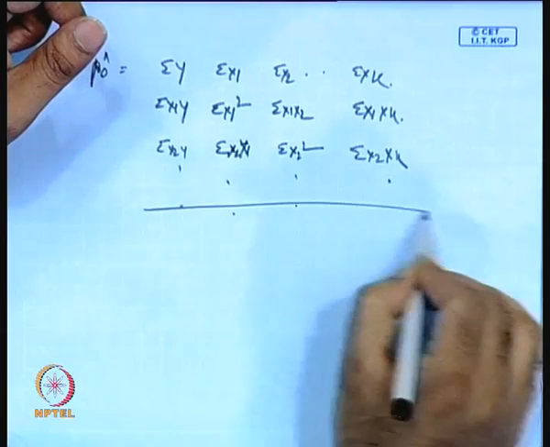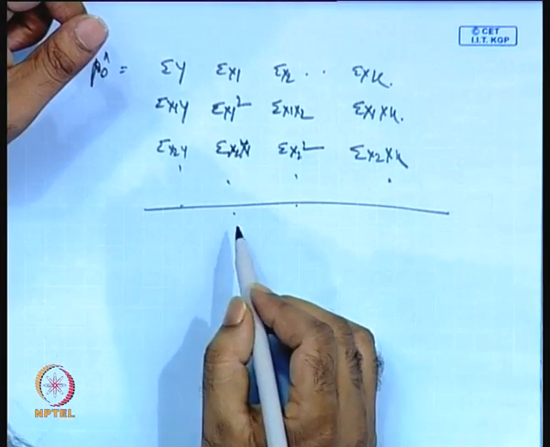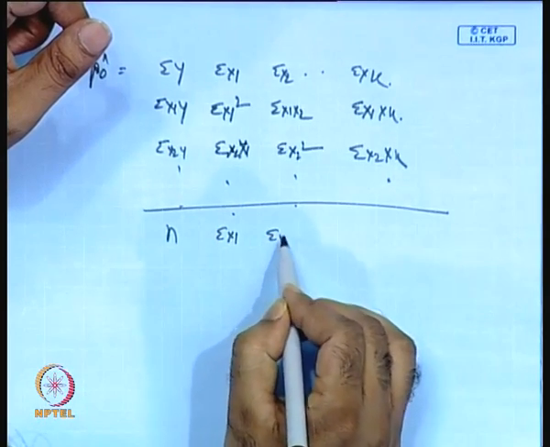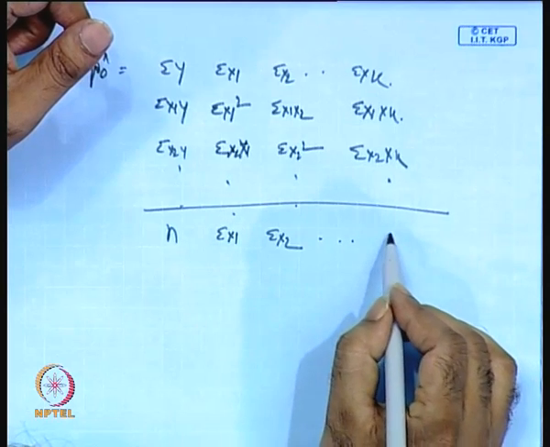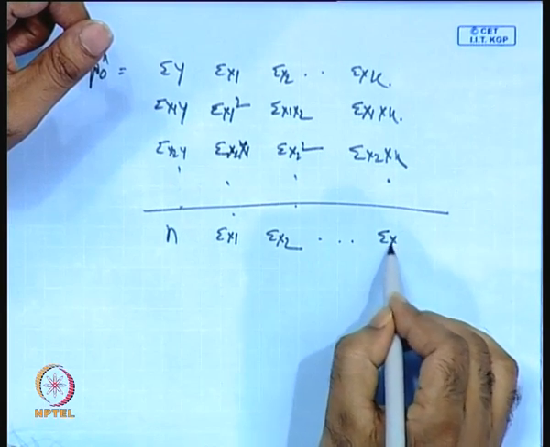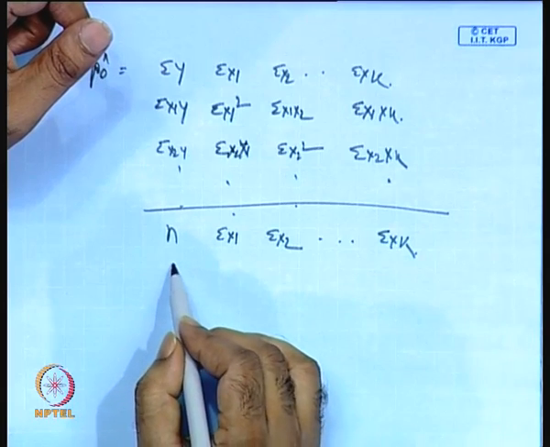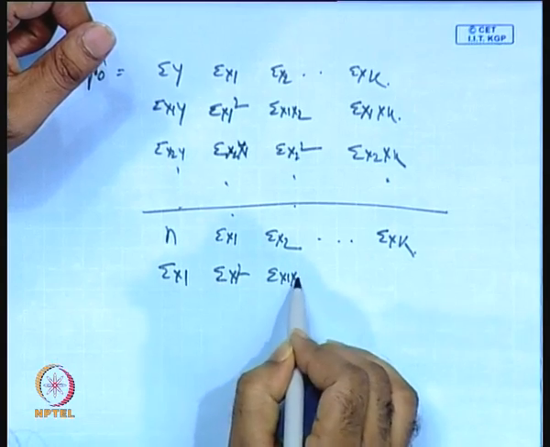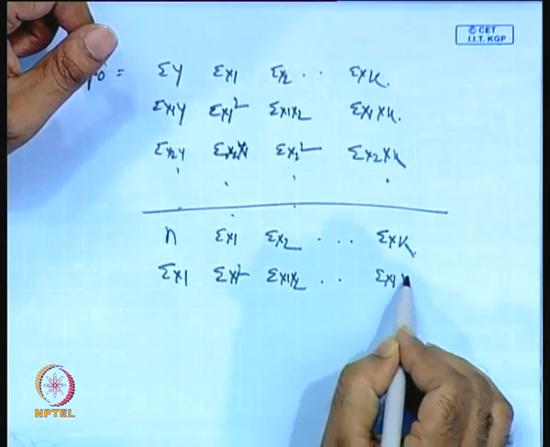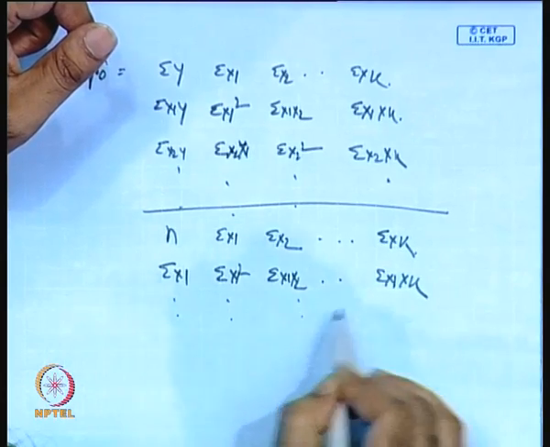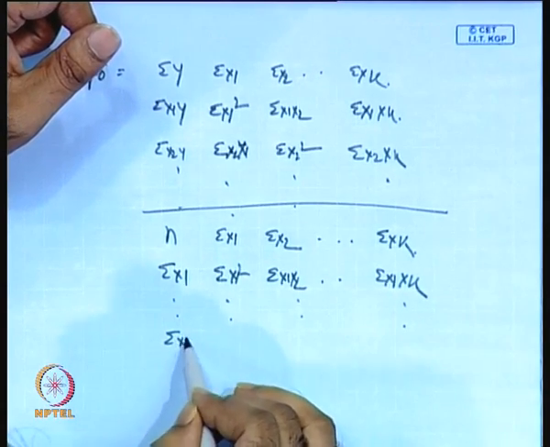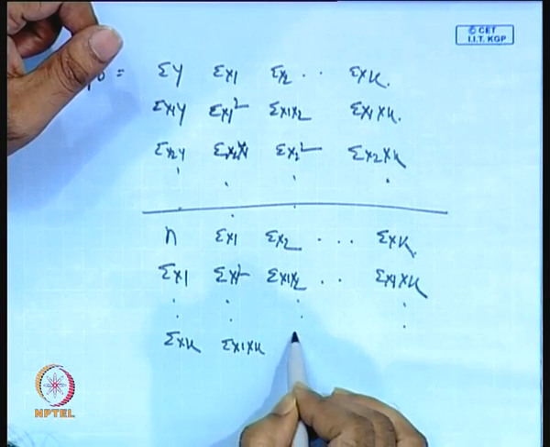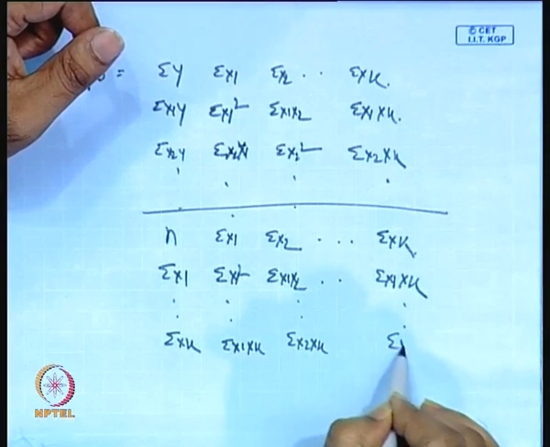The whole is divided by n, summation x1, summation x2, up to summation xk; then summation x1, summation x1 square, summation x1 x2, summation x1 xk. It will continue up to summation xk, summation x1 xk, summation x2 xk, summation xk square.